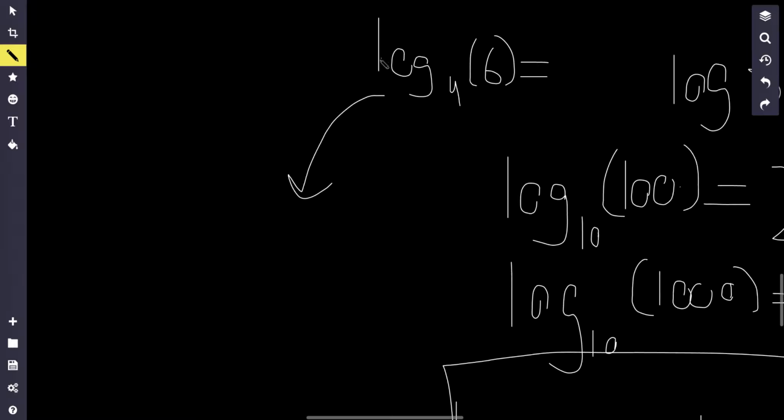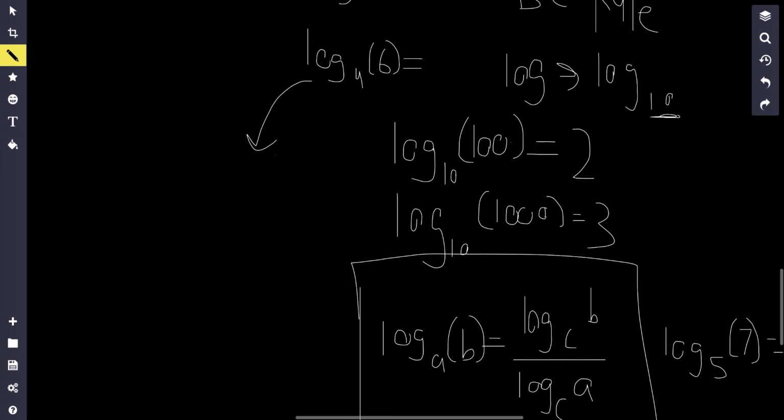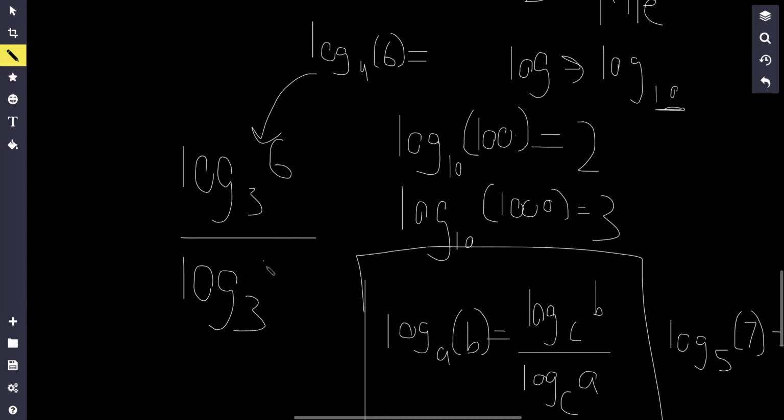For example, I'm going to rewrite this using the change of base rule. Log base a of b is equal to log base c of b divided by log base c of a. So I can rewrite this as log base, let's say, 3 of 6 divided by log base 3 of 4.